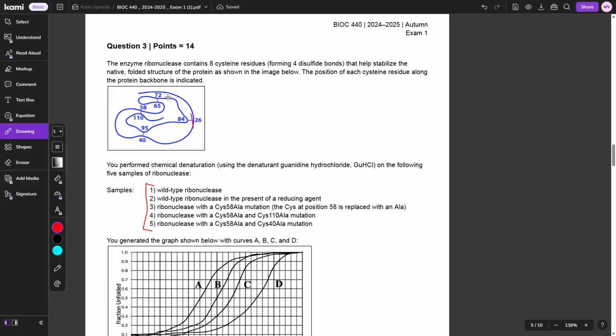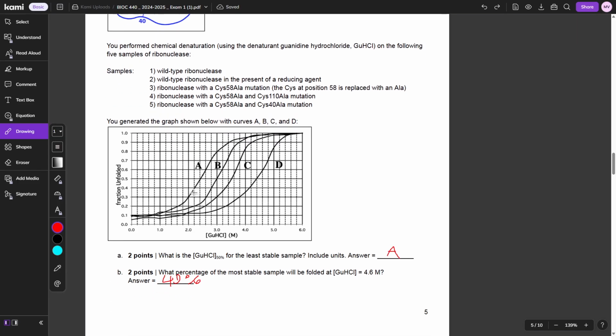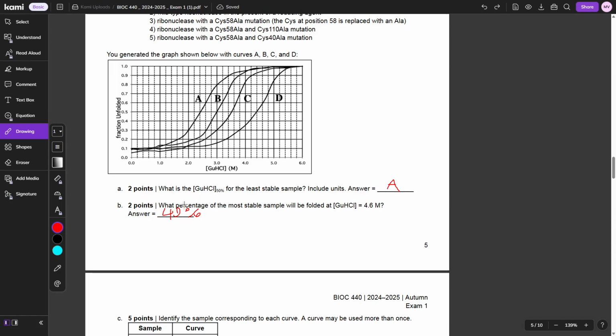If I removed two disulfide bonds, it would be even more sad. Remove bond equals sad. So if I just have a wild type ribonuclease with no problems, that should be pretty stable. That's probably going to be the most stable. That's probably going to be A.